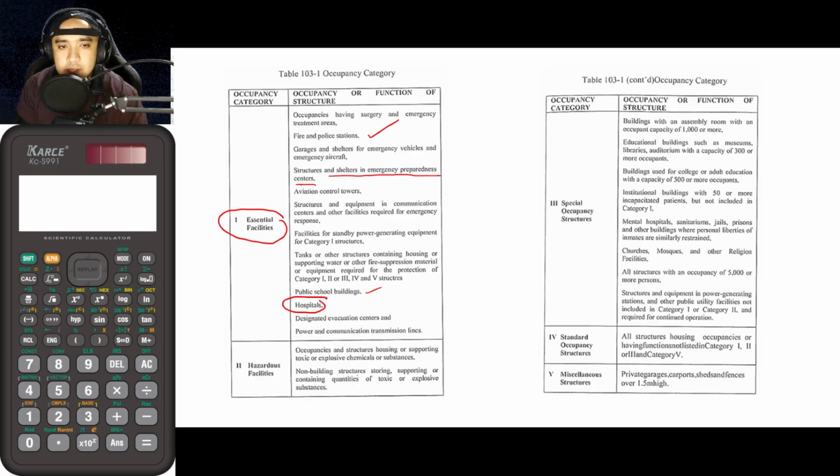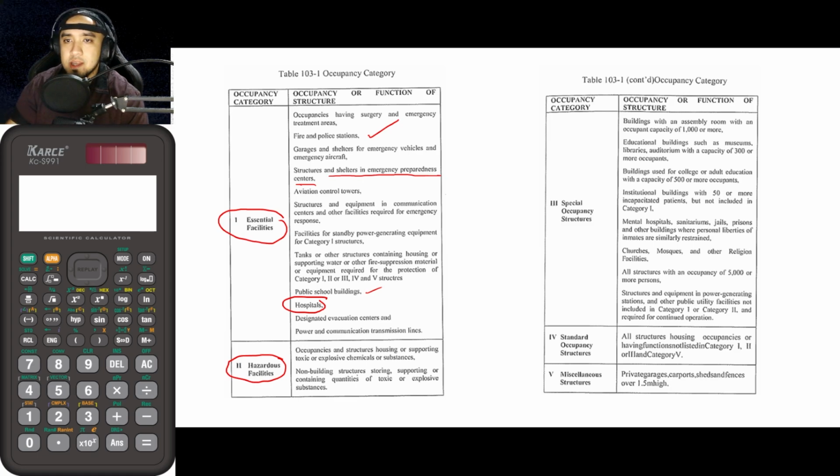For occupancy category 2, these are hazardous facilities. It includes the following but is not limited to: factories that involve, let's say, toxic wastes or explosives, for example nuclear power plants, or factories for fireworks. As long as it is dangerous, it is considered occupancy category 2.